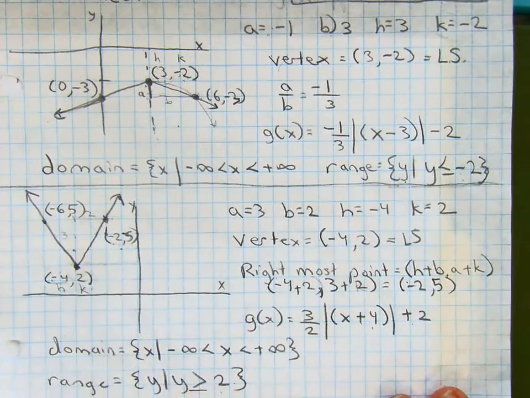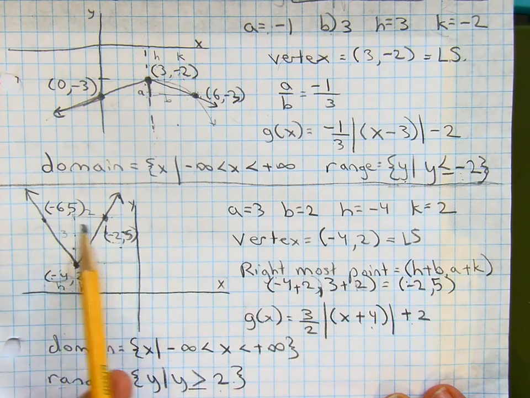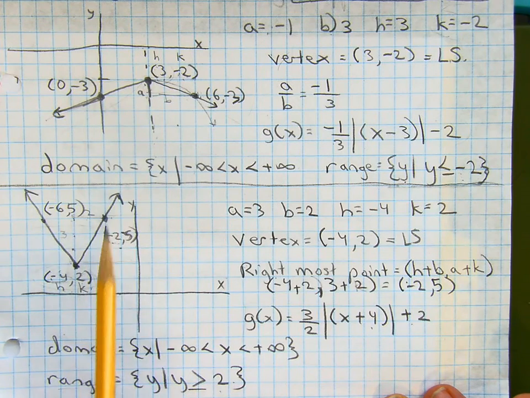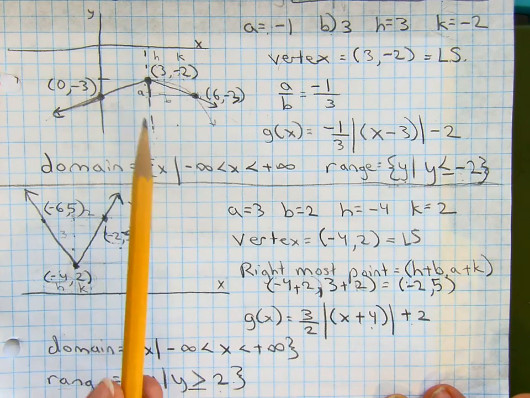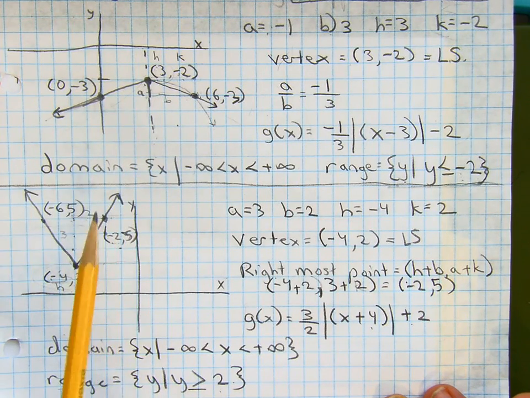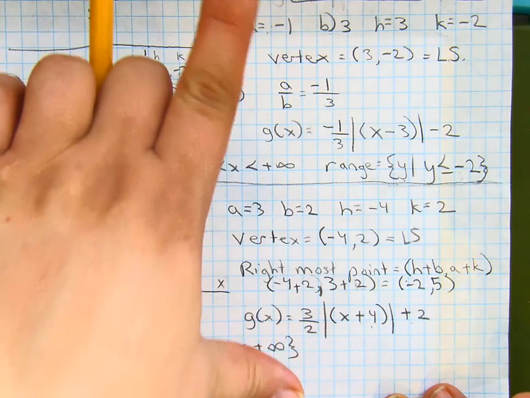Domain is always going to be all real numbers on these types of absolute values. As long as it's going and looking like this or like this, then it's all real numbers for domain. If the graph turns onto its side, then that's going to change the x.